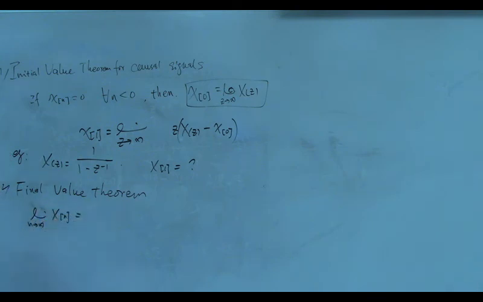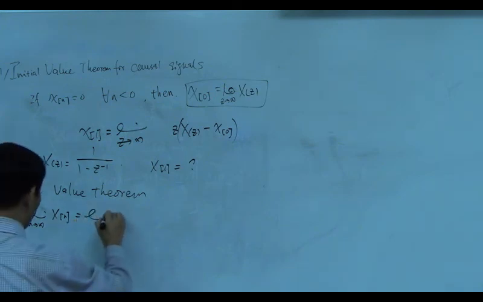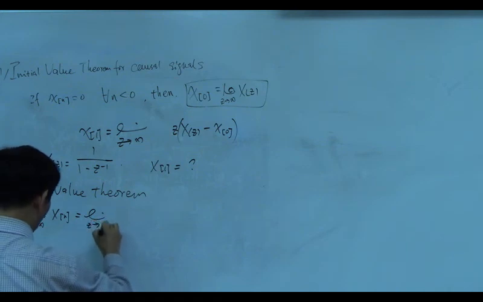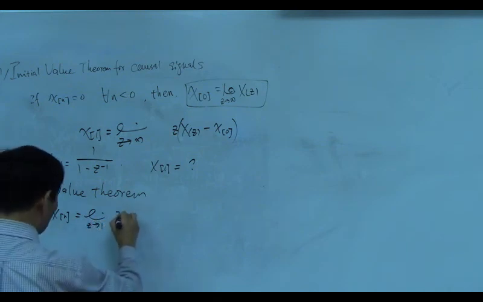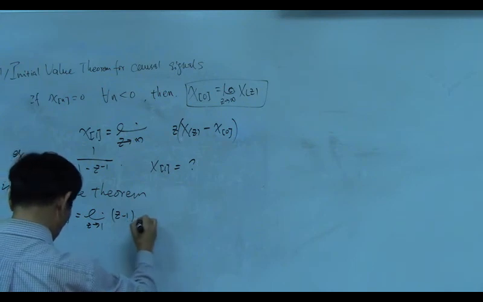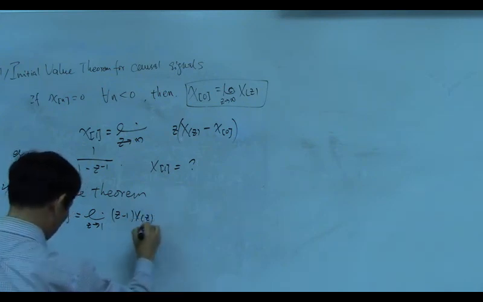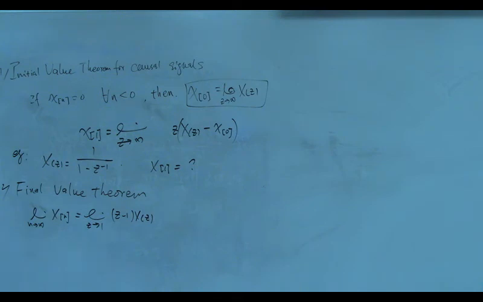What is this value? This value equals, again, limit as z goes to 1 of z minus 1 times xz. We can prove this, but I don't want to bother you. Here, I only list the theorem, and we are going to do some exercise to apply this final value. So, everybody can read this, right?